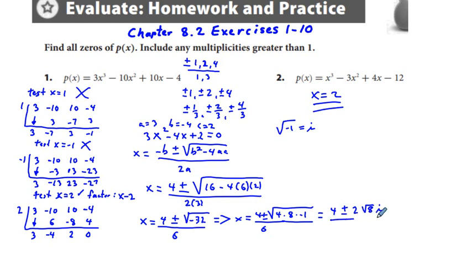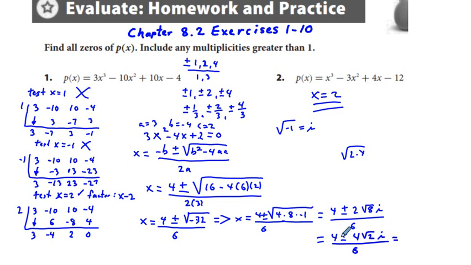And we're going to have this all over 6. And that square root of 8 can be broken down to square root of 2 times 4. So that 4 can go outside. So just bringing this down here, 4 plus or minus, we're going to have 2 times 2, so 4, square root of 2, i, and we're divided by 6.